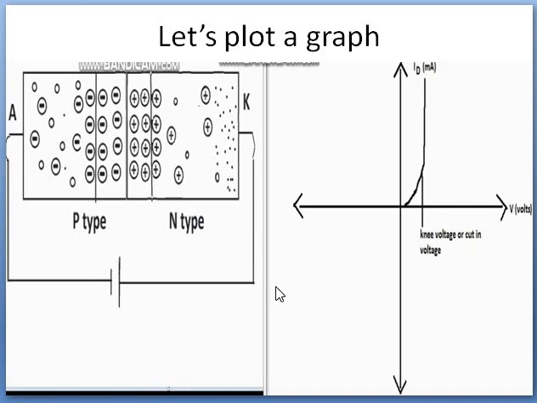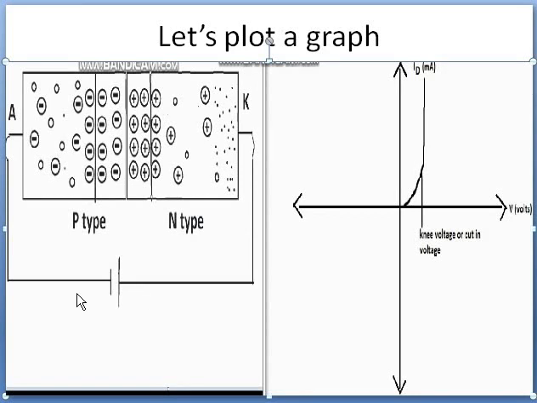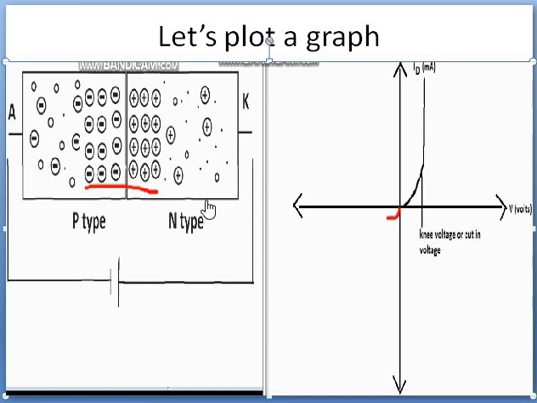Now, on the other hand, if we look at the reverse biasing, the connections are interchanged here. The moment these connections are interchanged, the depletion region starts widening. I have explained this thing in the previous video, how and why it is widened. Now it is broad. It's tough for the electrons to cross over, but still there is some nominal current.